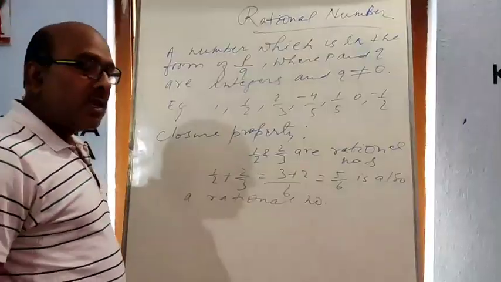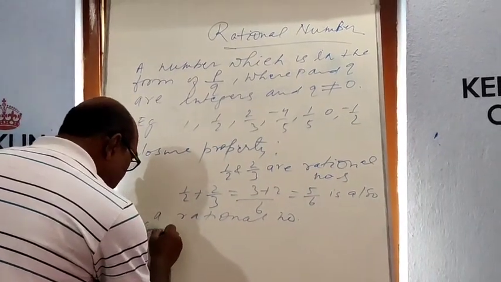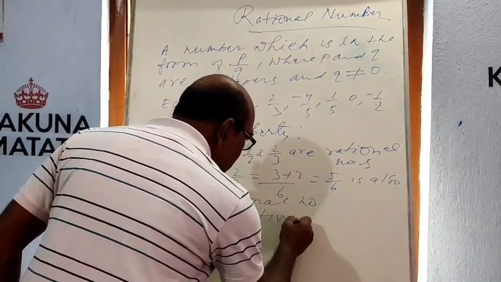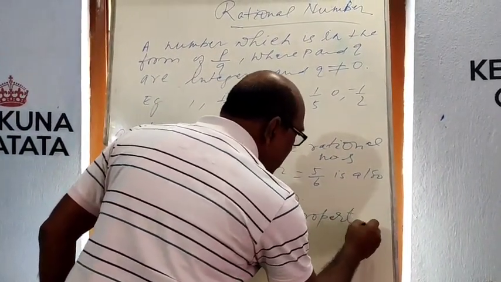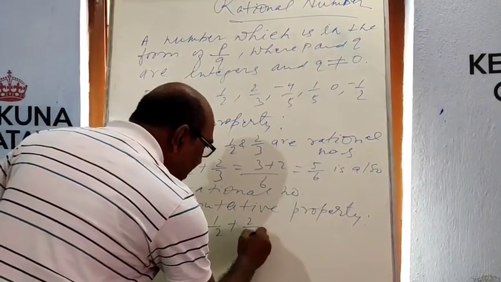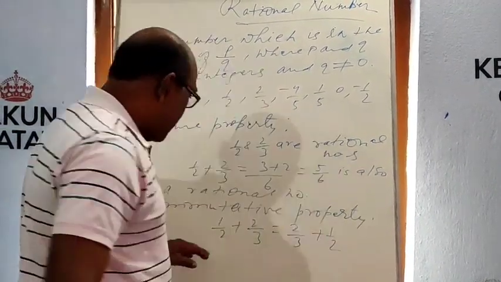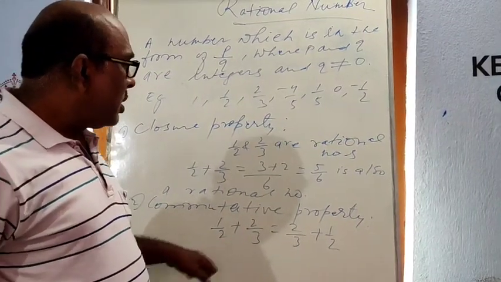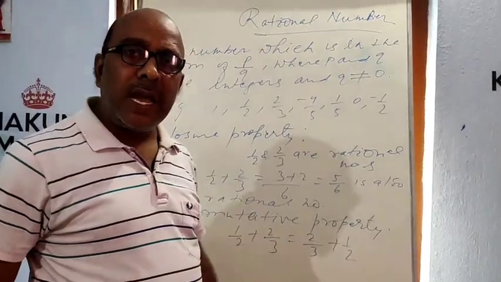Second is commutative property. For example, 1 by 2 plus 2 by 3 is equal to 2 by 3 plus 1 by 2. 1 by 2 plus 2 by 3 will be 5 by 6 and 2 by 3 plus 1 by 2 is also 5 by 6.